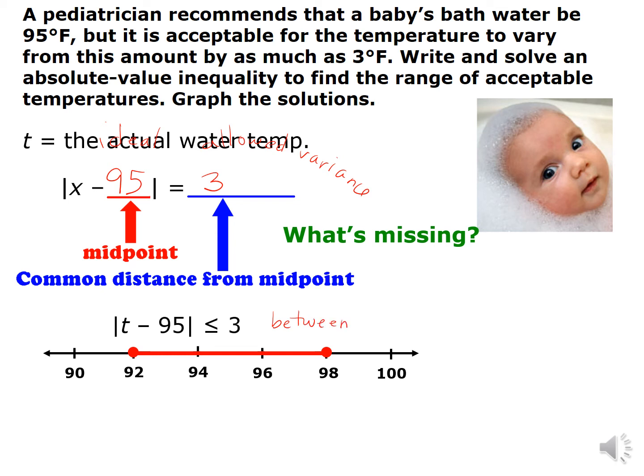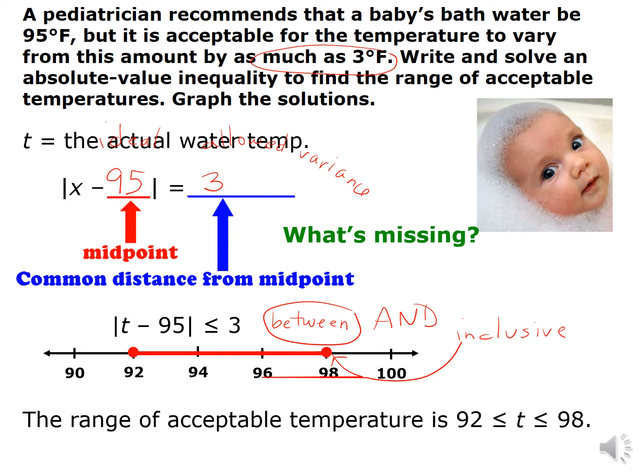Remember when we did compound inequalities, the word between means it's probably an and statement. Do you remember what word makes it include these numbers? Inclusive. Okay? So as much as means inclusive. So there's the range of acceptable temperatures. And there we go.